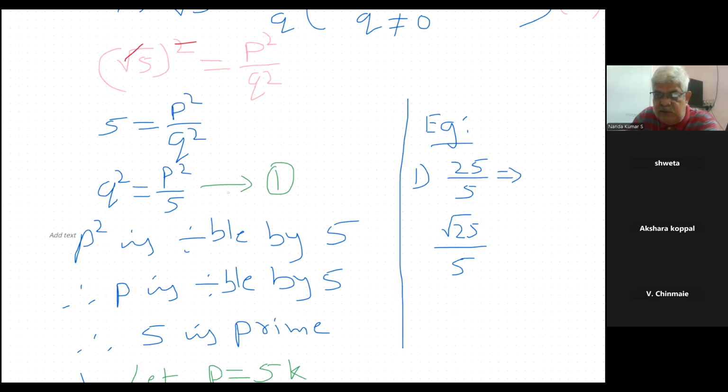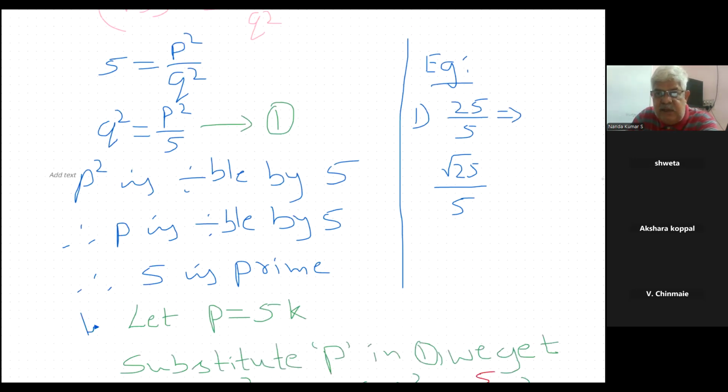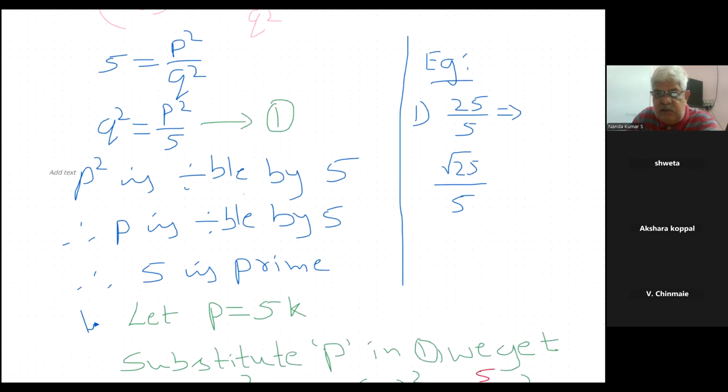Now, the three most important considerations you have to understand. First, if p square is divisible by 5, then p is also divisible by 5. For this, take the example: if the perfect square 25 is divisible by 5, it means its root, 25 root, you remember, is 5, and 5 is also divisible by 5.